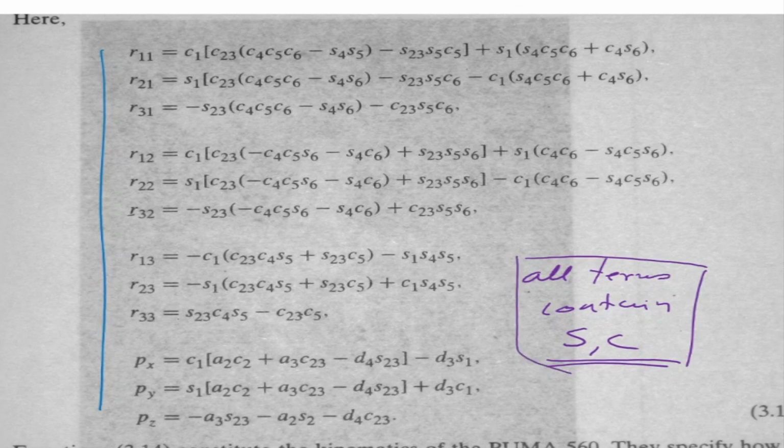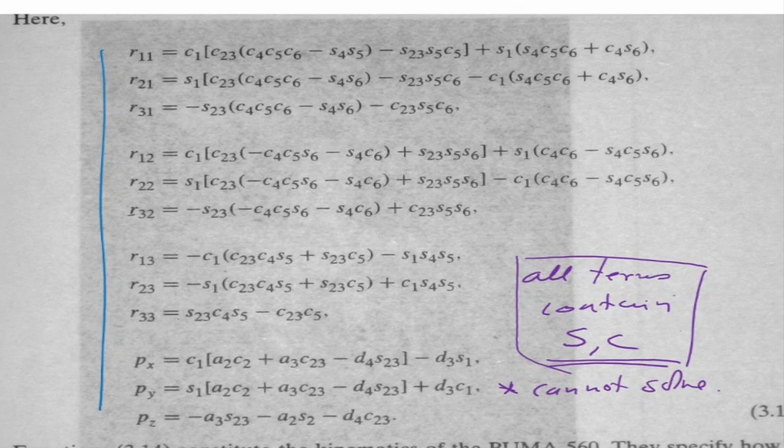If I take the left side and right side and equate, then we cannot solve. This is not a solvable set of equations, because all the terms, whether it's R or Px, Py, Pz, contain sine and cos terms. So if you equate the left hand side and right hand side, the desired and the obtained T0 to 6 matrix, you will not be able to solve.